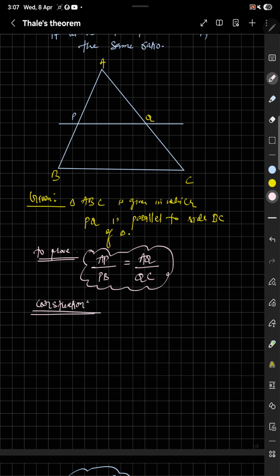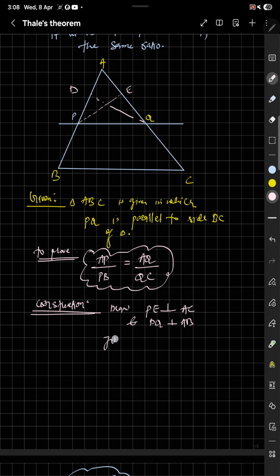And what is in this construction is: draw P perpendicular to AC and DQ perpendicular to AB.